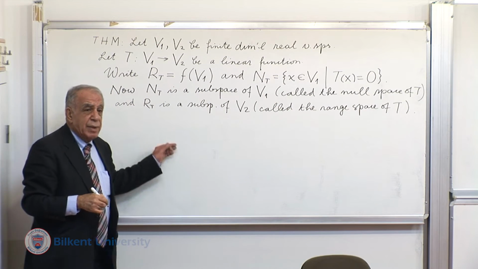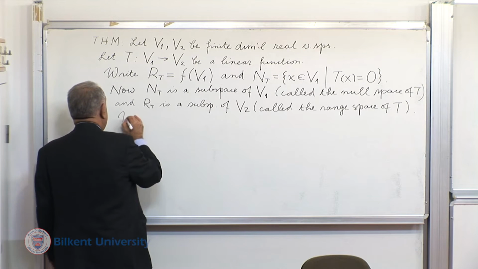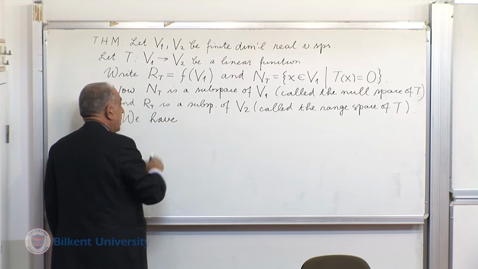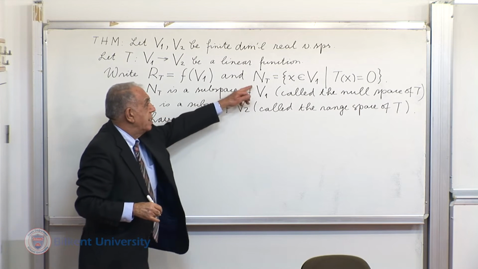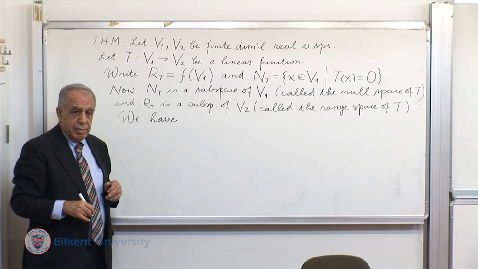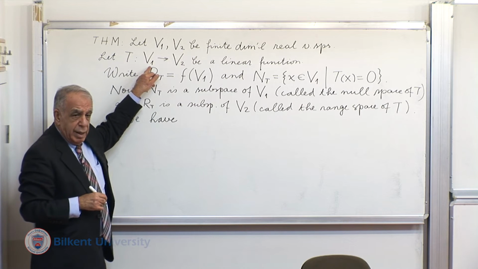Now, the main result in this theorem is the dimension of N sub T plus the dimension of R sub T, they add up to the dimension of V1.